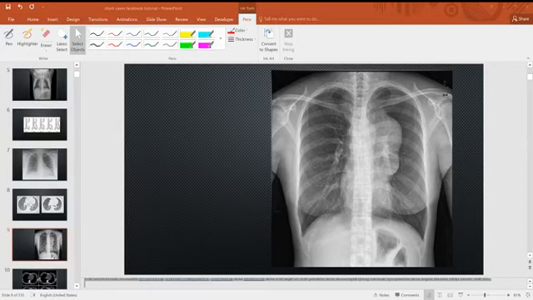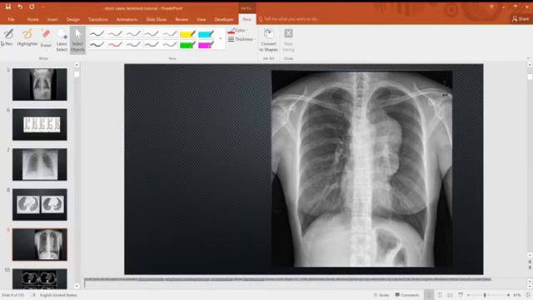Someone said anterior, hilum overlay sign.